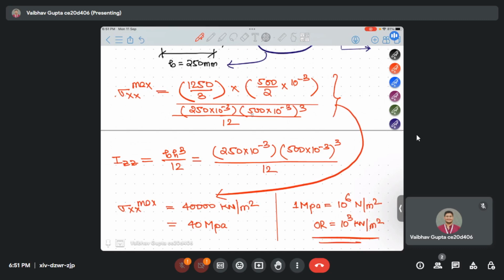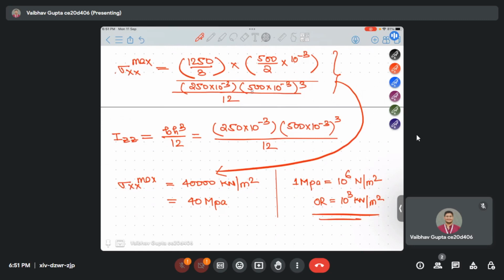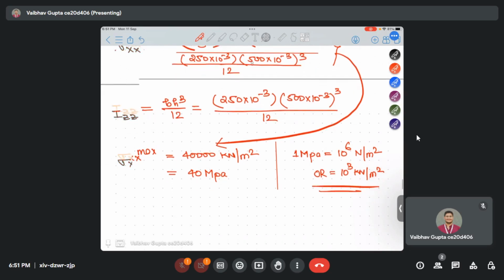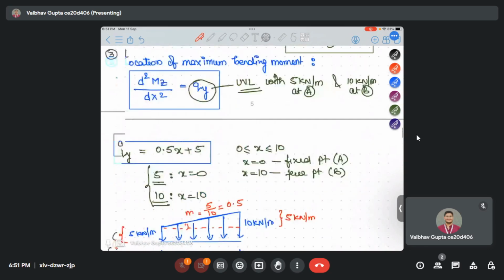Remember all these conversions, because in assignments the units are given and you have to provide the answers in terms of those units. So getting the knowledge of units and conversions is very important. So we got sigma xx max as 40 MPa.